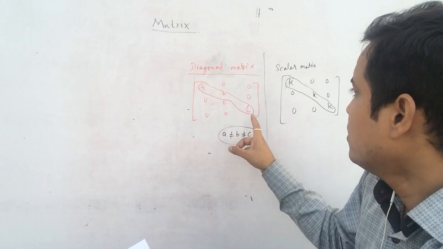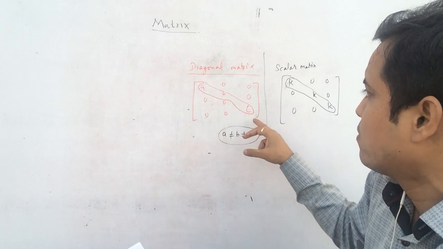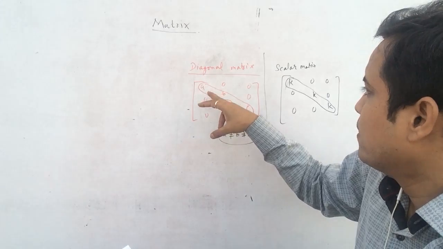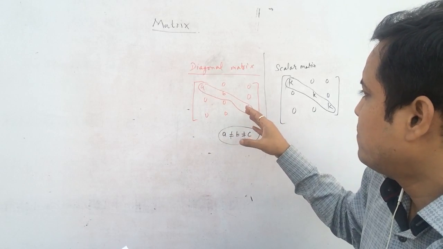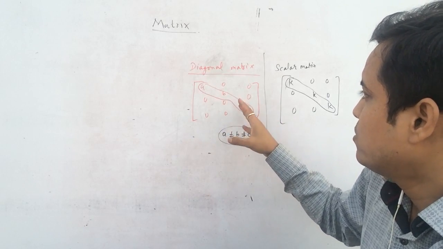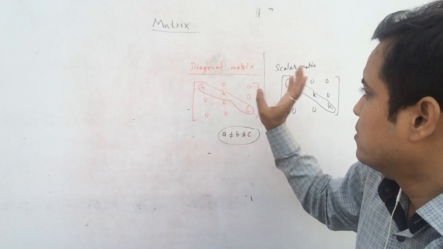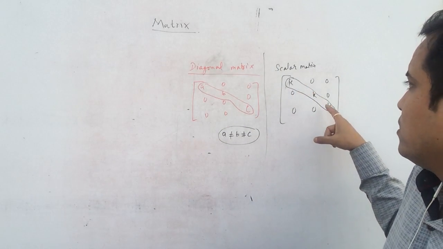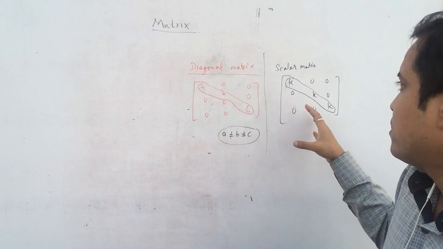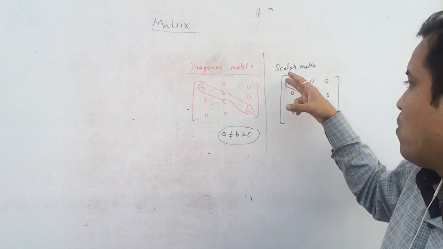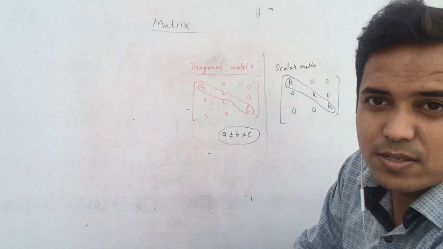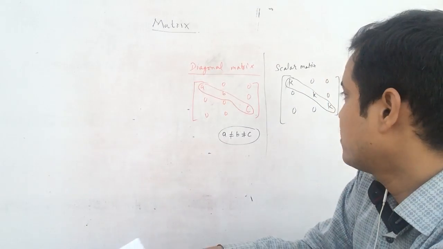So in a square matrix, if you see diagonal elements and except the diagonal all the elements are 0, you can say that this is a diagonal matrix, and if the diagonal elements are all the same, it is called a scalar matrix.